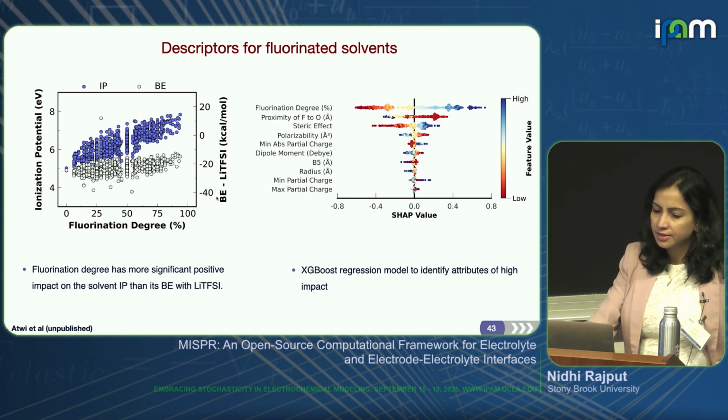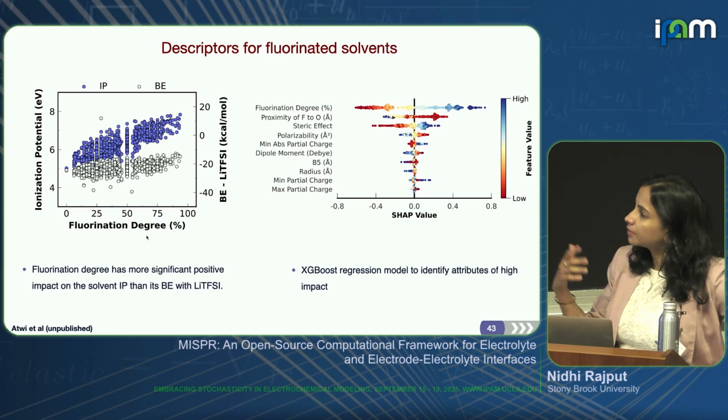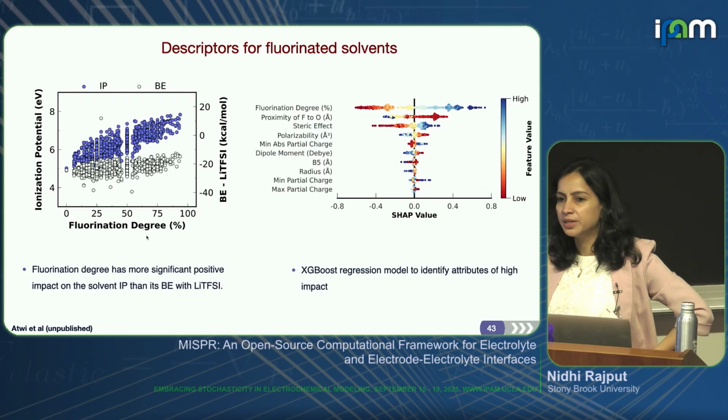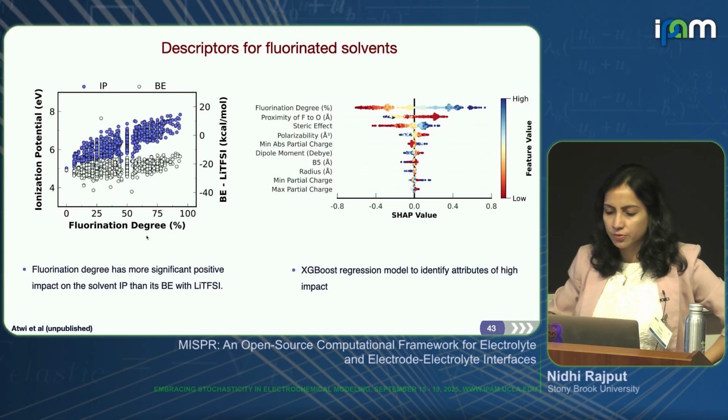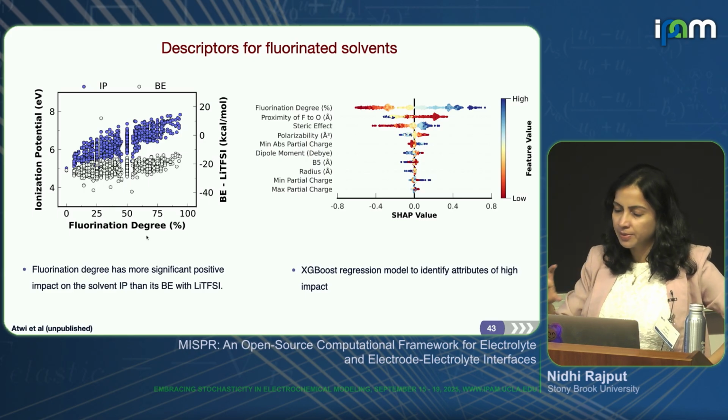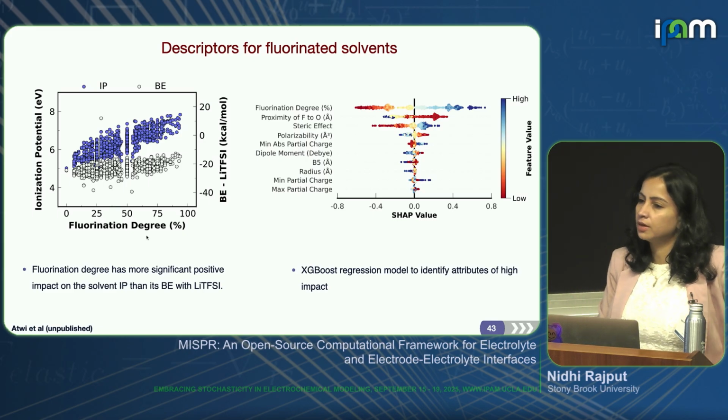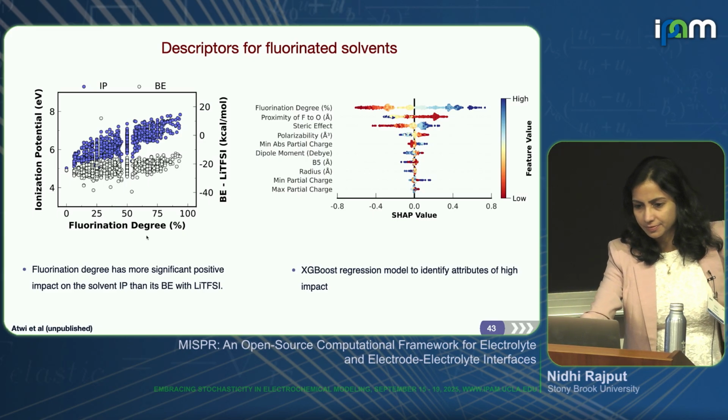And here you can see the effect of fluorination degree. Interestingly, these features are missing when you get the generic features from RDKit or Moderate, which tells us that we may need human intervention and supplement handcrafted features to increase the accuracy of predictions.